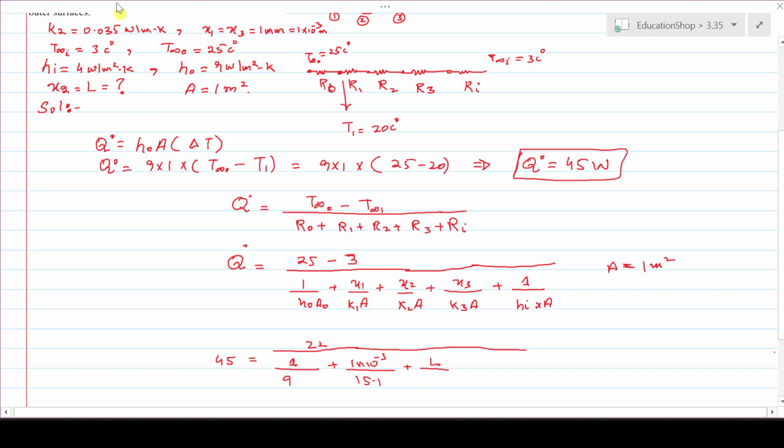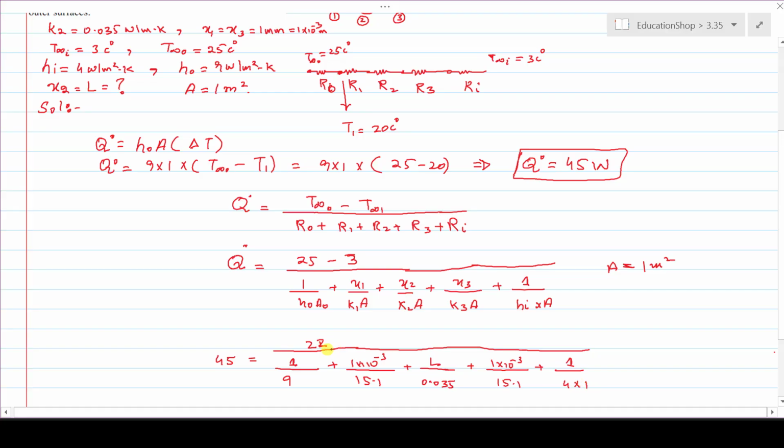K2 value is 0.035 plus X3 again, X3 is 1 millimeter, 1 multiply 10 to the power minus 3 divided by K3, that is 15.1, and A area is 1, plus 1 divided by inside convection heat transfer coefficient, that is 4, and area is 1.